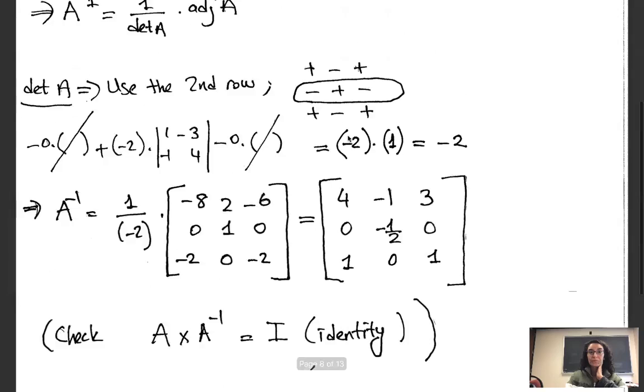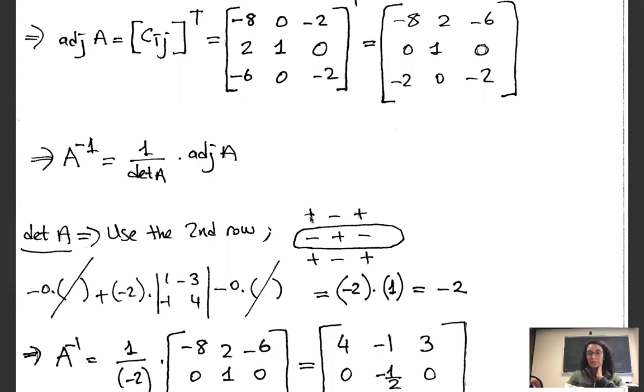Look at this matrix. Actually, you can again use any row or any column to find the determinant, but since I have 2 zeros here, I can use the second row, but you have to remember the sign pattern. So with respect to this sign pattern, I have to start with plus here, the left corner, plus minus plus, then similarly, minus plus minus, plus minus plus.